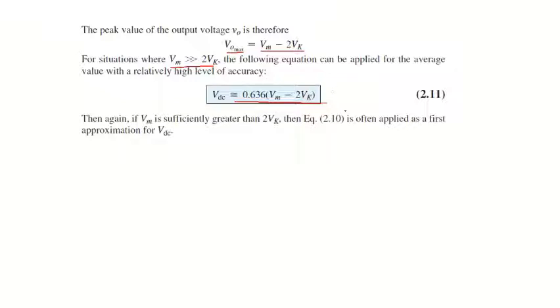Hope you are getting the point here, that this relation 2Vk is just because of the inclusion of real diodes, which may be silicon or which may be germanium. So it is 0.636 multiplied by Vm minus 2Vk.